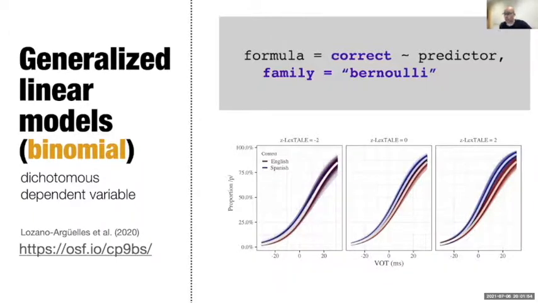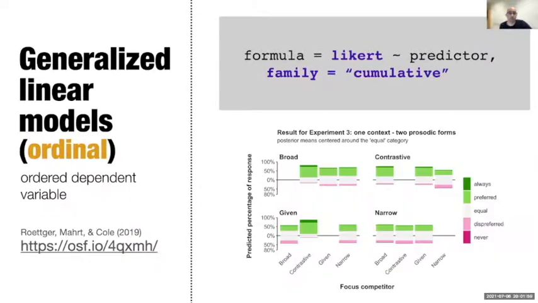Again, the data and the scripts are all publicly available for you to have a peek. Often, we actually collect ordinal data, like, for example, ratings on a Likert scale, right? With the cumulative linking function, we can estimate ordinal dependent variables rather straightforwardly. And here's an example from one of our papers from the lab at Northwestern of Jennifer Cole and Tim Ma.